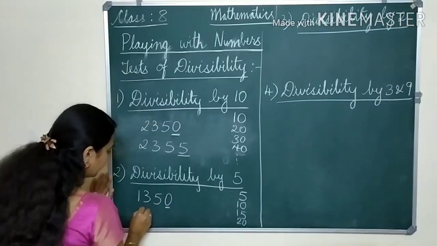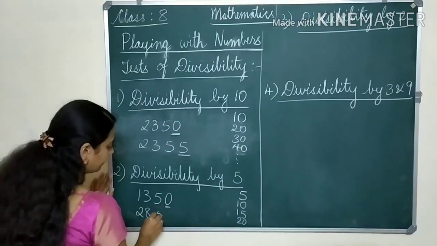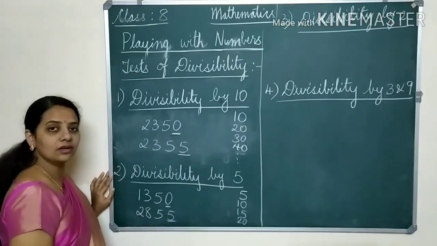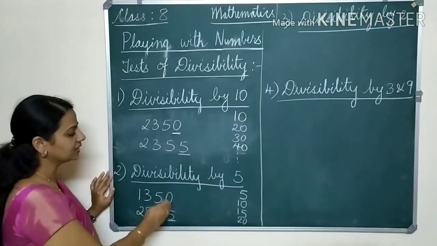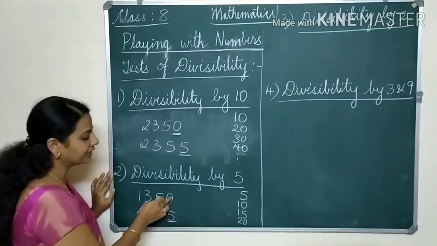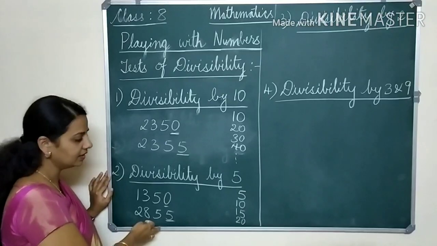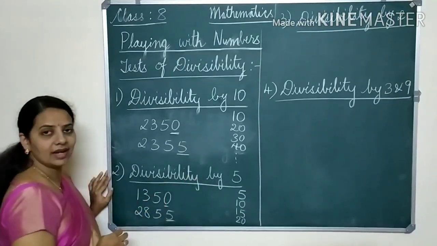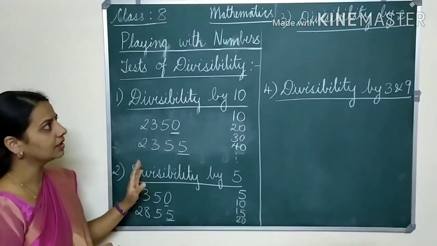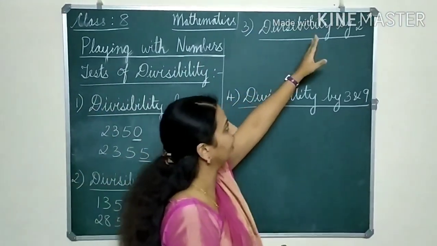If the last digit is say 5, then it is also divisible by 5. So these are the two rules. You just have to observe the last digit. If it is 0 or 5, then that number is divisible by 5. Understood this much? Now we'll move on to divisibility by 2.